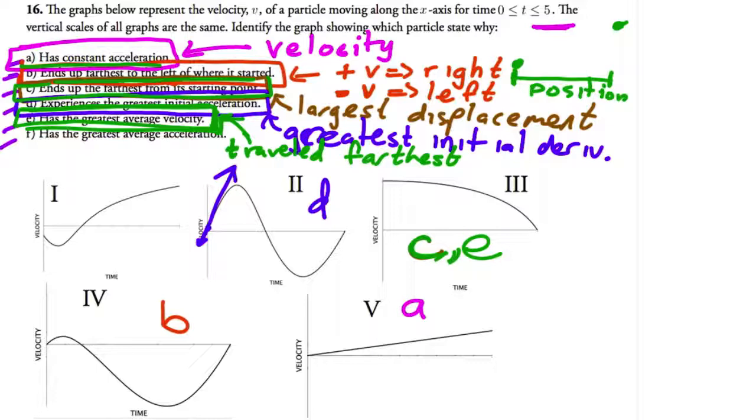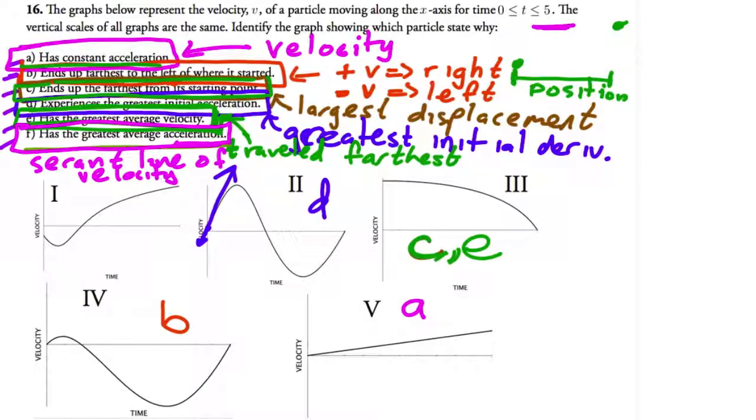Now, that isn't the same question as which one has the greatest average acceleration. Now you're talking about the secant line of the velocity, because the acceleration is the rate of change of the velocity, right? Since you're looking at the average, you're looking at the secant line of the velocity. So you look at the starting point and the ending point for all of these.